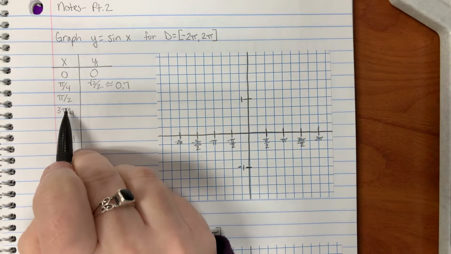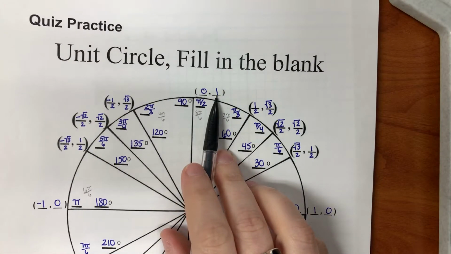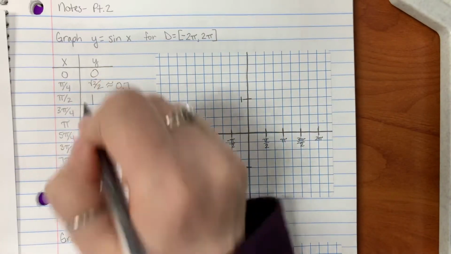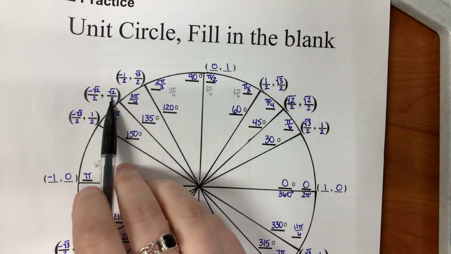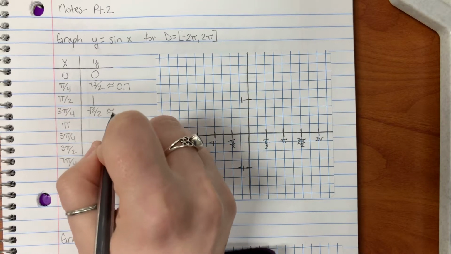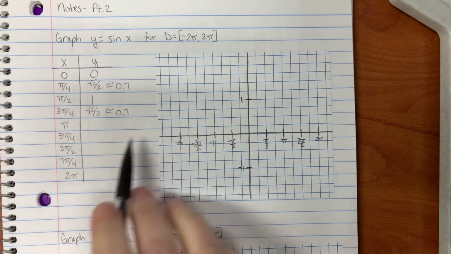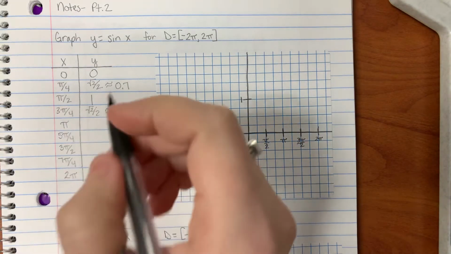All right, pi over 2, I'm going to do the same thing. So pi over 2, the y value is 1. 3 pi over 4, right here, square root of 2 over 2 again. Okay, so then instead of switching back and forth, I'm just going to tell you these values, but that's where I'm getting them from, the unit circle.